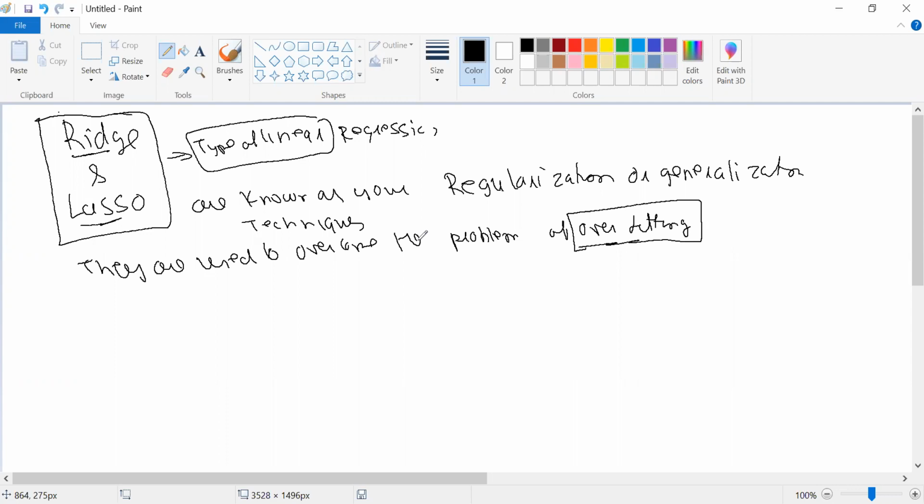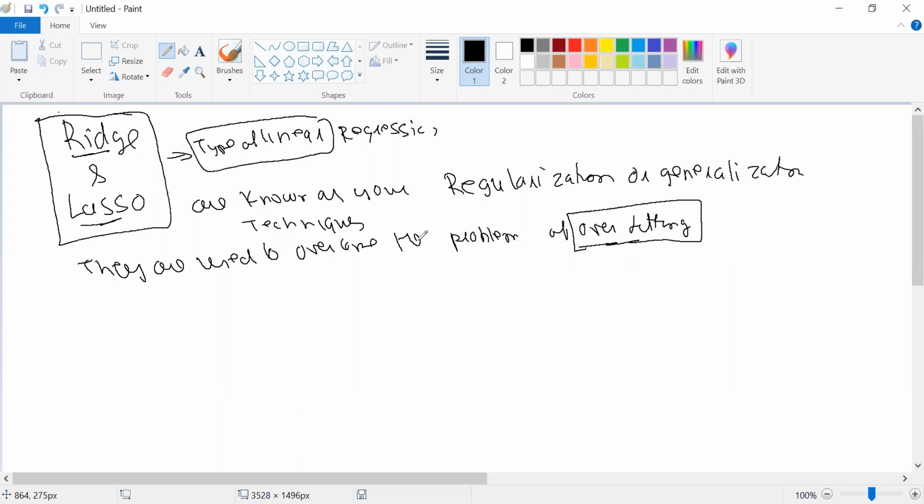The model tries to mimic the data. You get a very high accuracy on the train data and less accuracy on the test data, right?